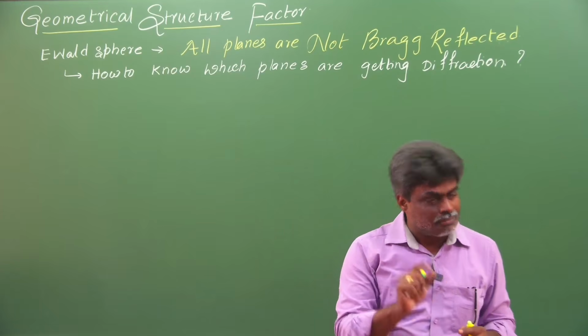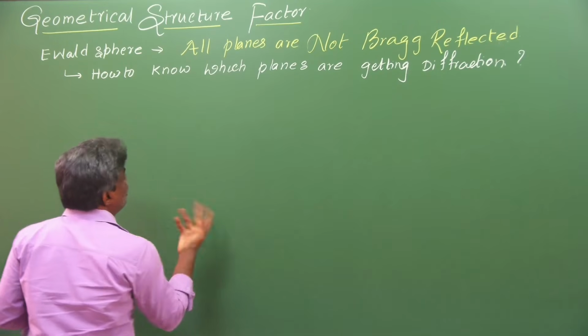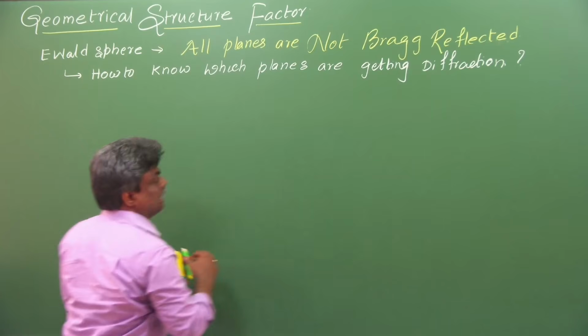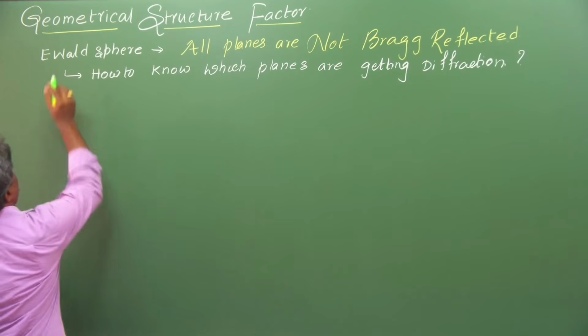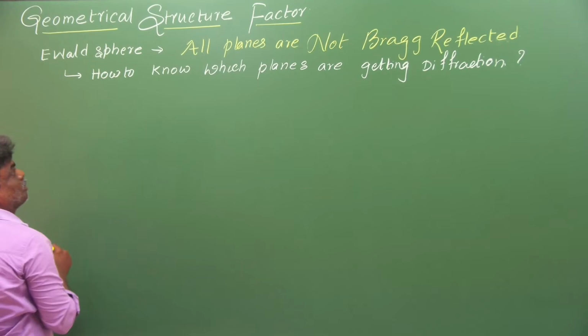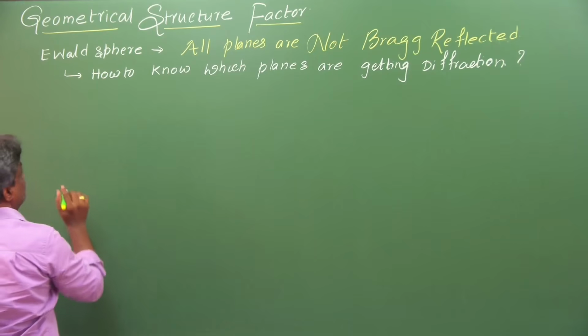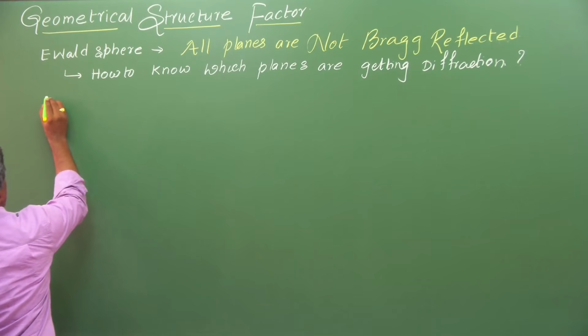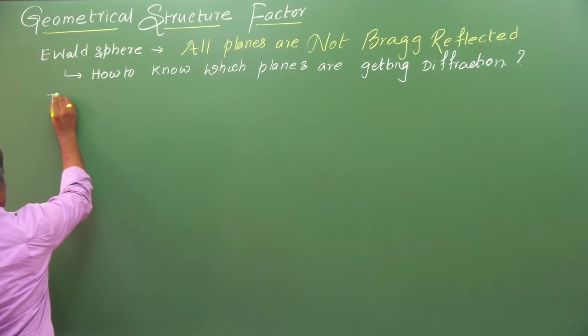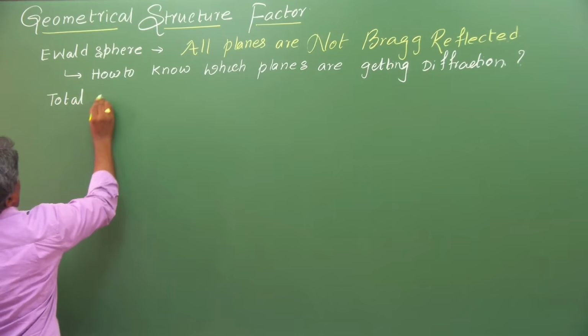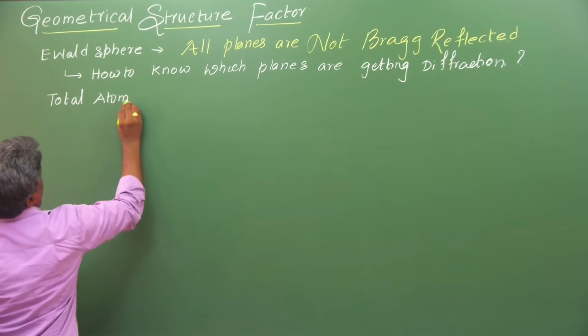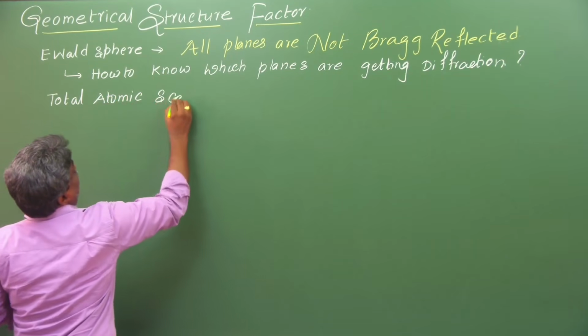Point is clear? Right. So how to know which planes are getting a diffraction? For this, we are introducing this factor called the geometrical structure factor. Before starting this, let us introduce the total atomic scattering amplitude.